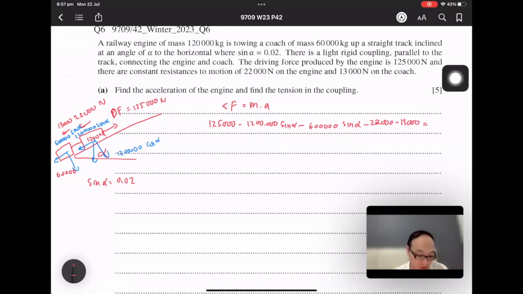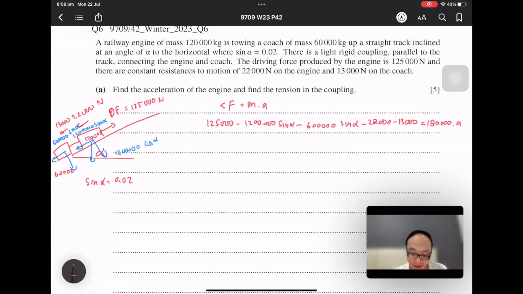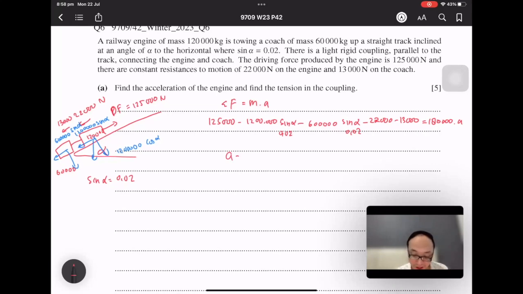The total mass will be 120 plus 60, so it's 180,000 times a. And we can put sine alpha as 0.02 here, so I can find the value of a.